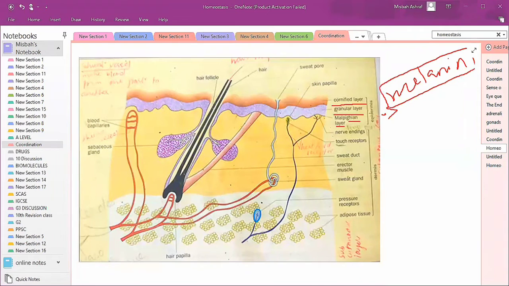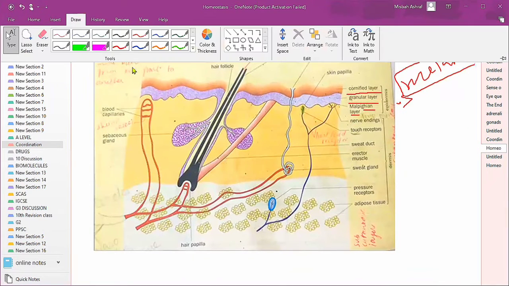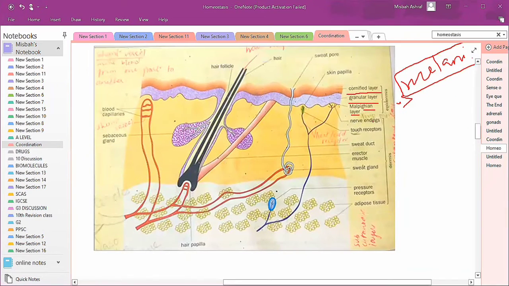If our skin color is darker, it means that it has more melanin, and if it is lighter, it means that it has less melanin. This pigment also protects our body from ultraviolet radiation or sunburn. So this is a very important pigment.